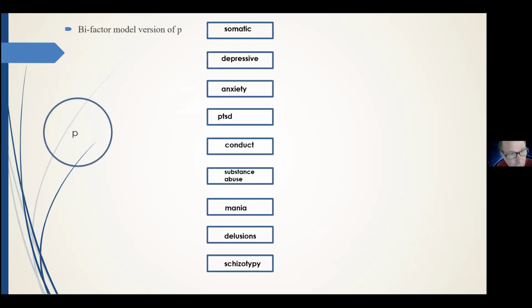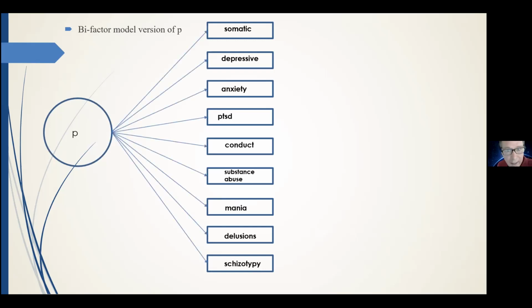When you use a bifactor factor analysis, you do get a general factor called P. It's a non-specific general psychiatric distress that explains the positive correlation between these symptoms, or, they would say, explains the tendency for these symptoms to be comorbid.